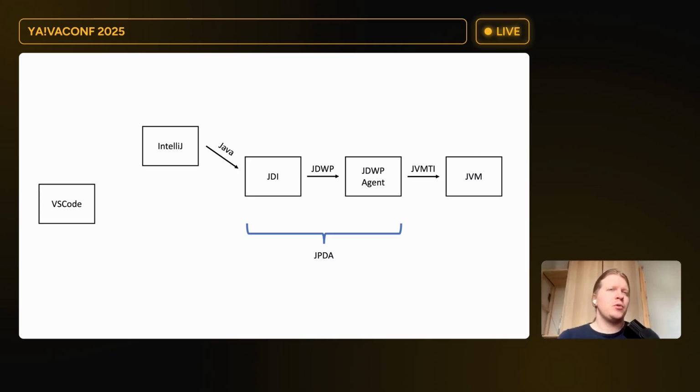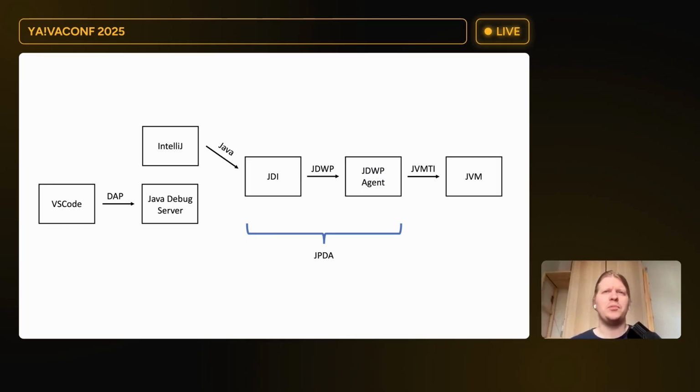So then what's with VS Code? There's no direct link between VS Code and JDI. That doesn't work that well, because there are some problems, as we'll see later, why it's slightly more complicated. You'd have to implement your own debugger, but what VS Code has is the Debug Adapter Protocol and the language servers that implement it, or debug servers. In our case, it's a Java debug server, and this then calls JDI.